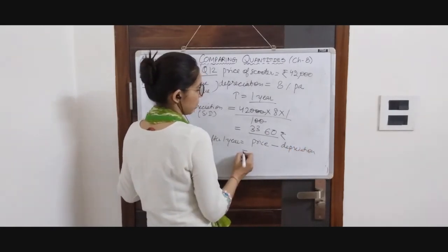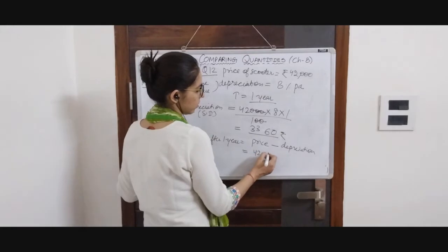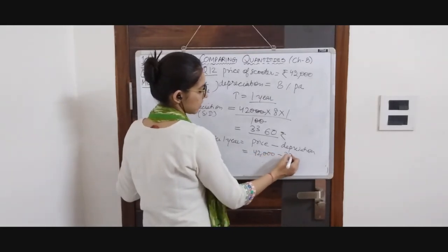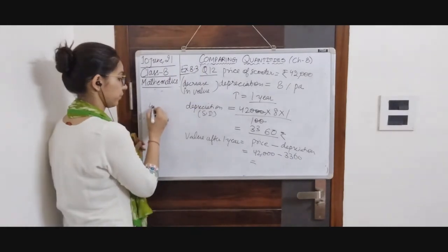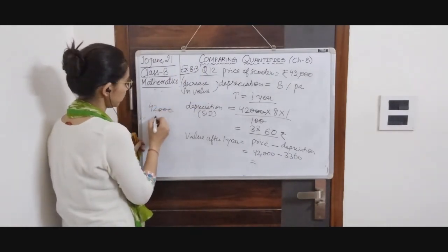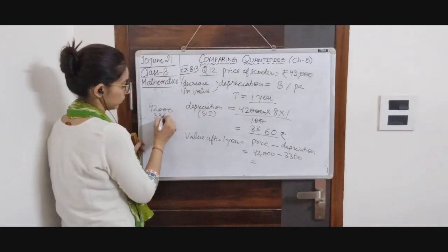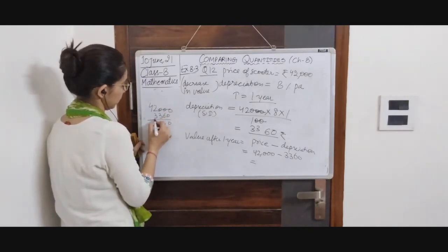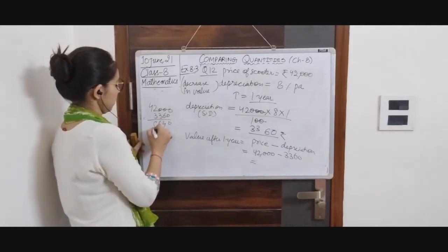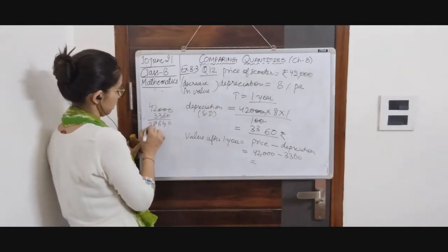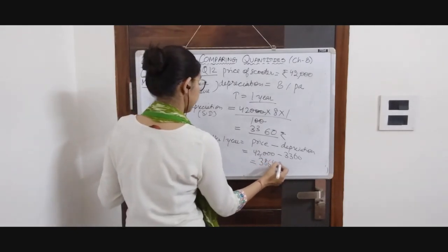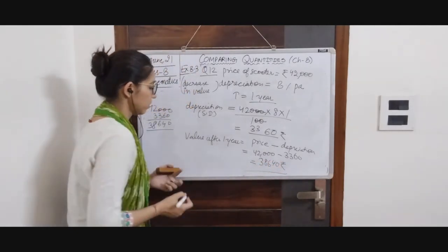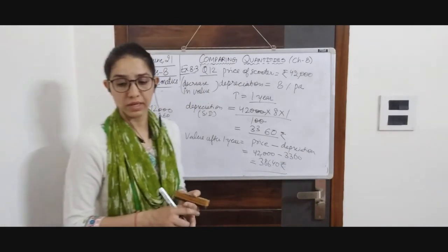Price was 42,000 minus 3,360. This much rupees will be the value after 1 year.